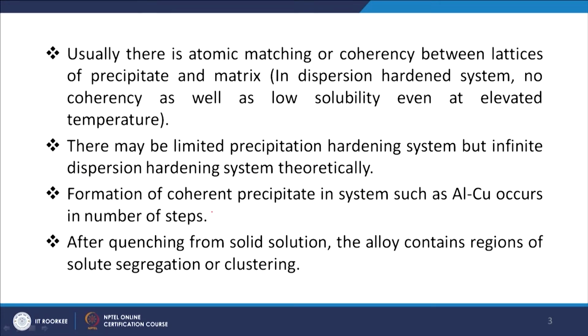In the case of the aluminum copper system, what happens is that when you quench from the solid solution, the alloy contains regions of solute segregation or clustering. So, basically when you are quenching the solid solution and then you have further aging, you will have different stages in which these precipitates are formed.